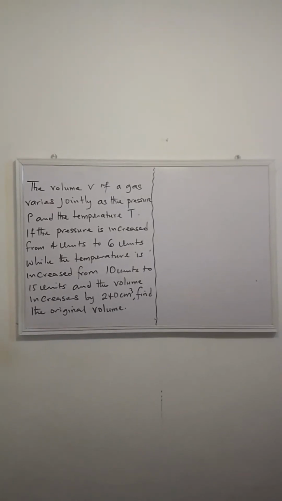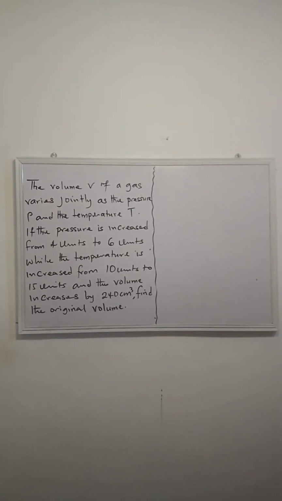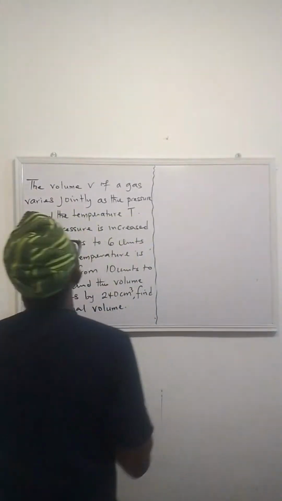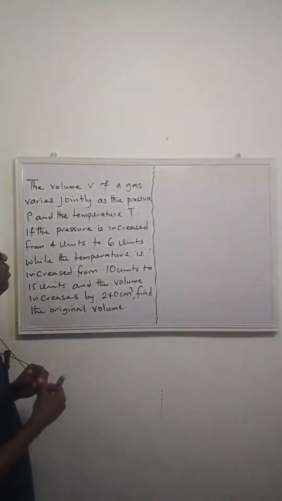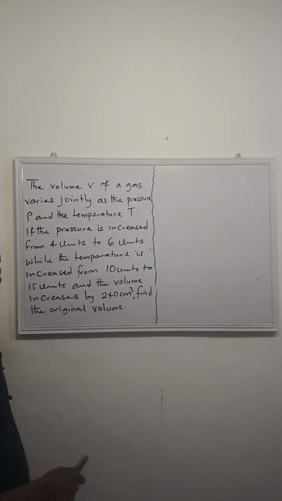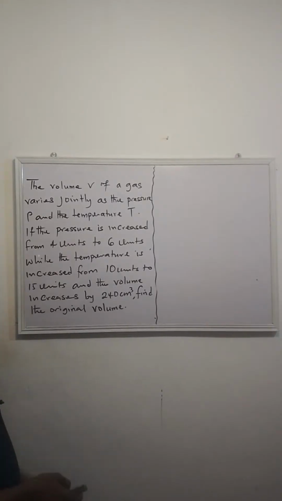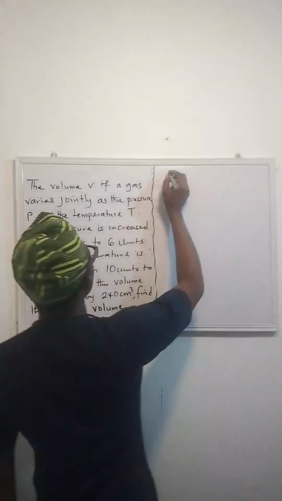Okay. So how do we solve this type of problem? Now, let's look at it. The volume of a gas varies jointly as the pressure P and the temperature T. So let's write that.